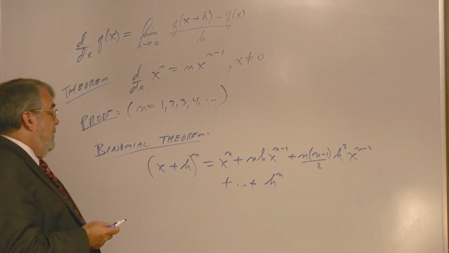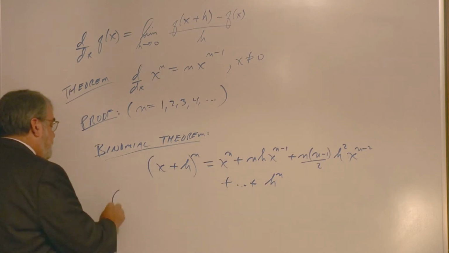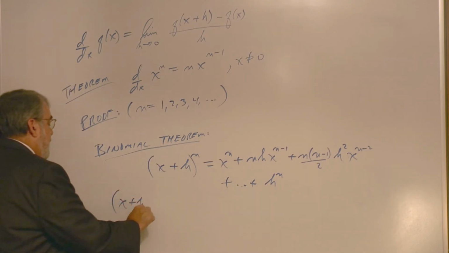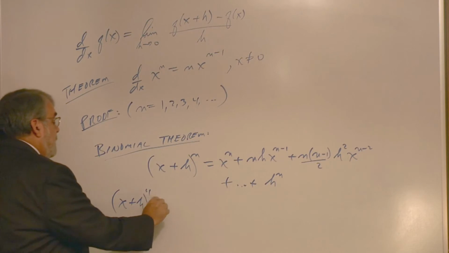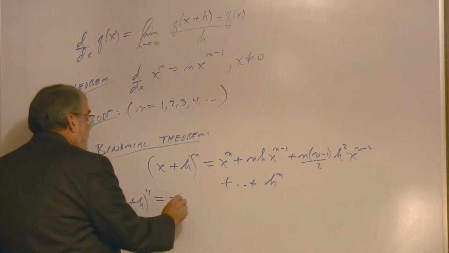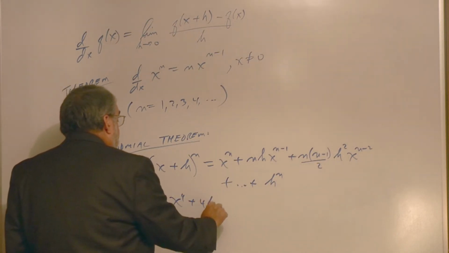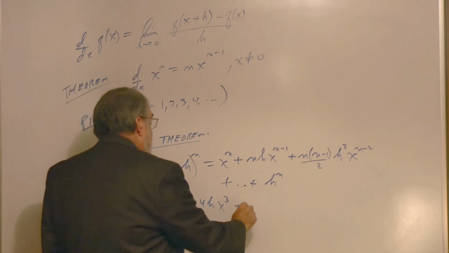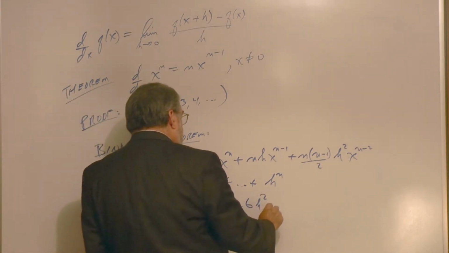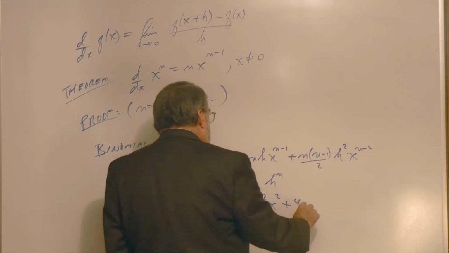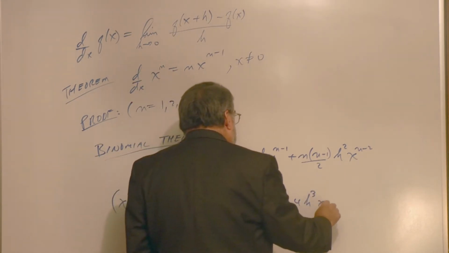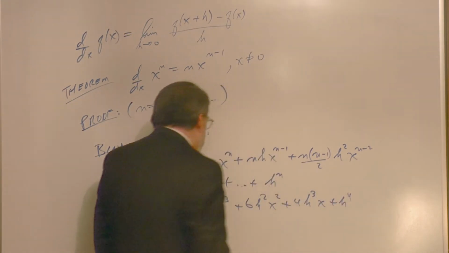All right, so for example, if I have (x + h) to the 4th power, I'll get x^4 + 4h x^3 + 6h^2 x^2 + 4h^3 x + h^4.